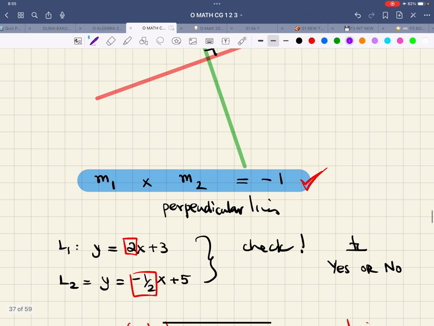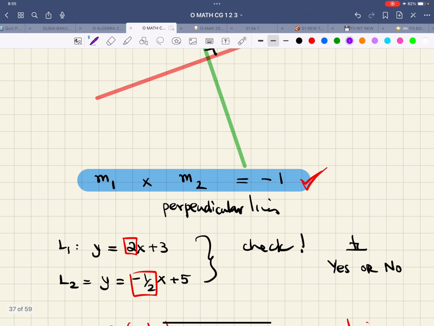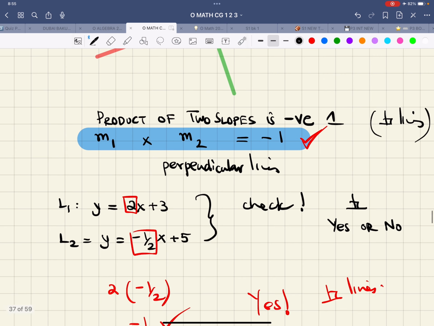The product of the two gradients gives you negative 1. So let me highlight this and write over here: the product of two slopes is negative 1 for perpendicular lines. That is the knowledge that is needed.